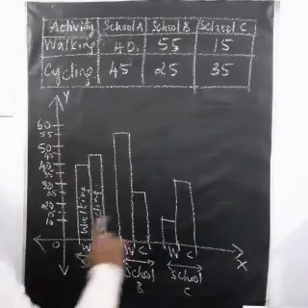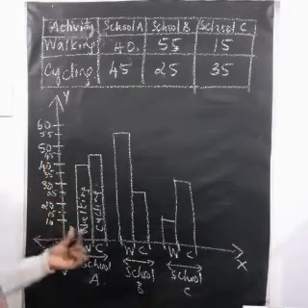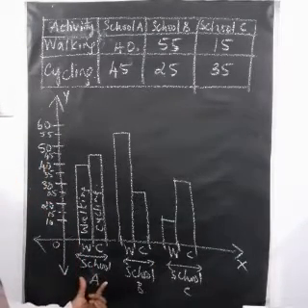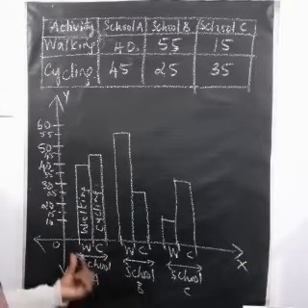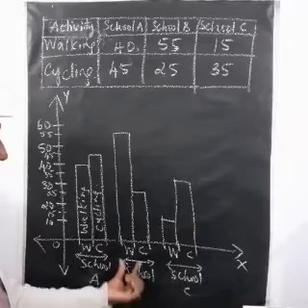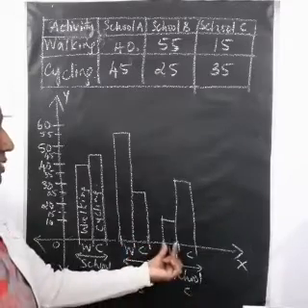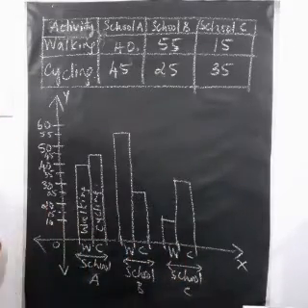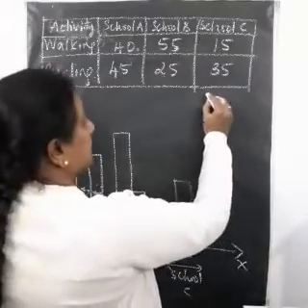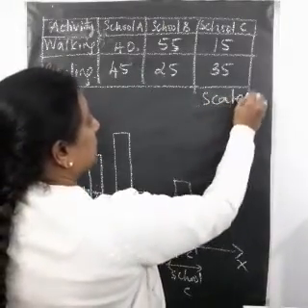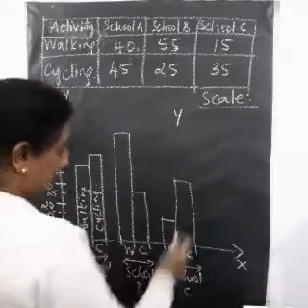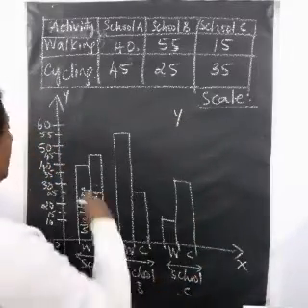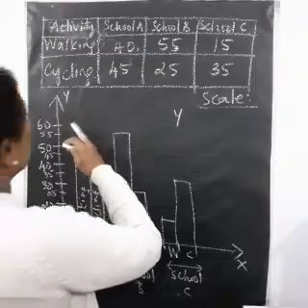Okay, so now you have drawn the double bar graph where under one entity you have two activities. So school A has walking and cycling, school B has walking and cycling, school C has walking and cycling. Now please write the scale. Now the scale will be x-axis, there's no problem. On the y-axis, x-axis is the school name, on the y-axis is the number of children.